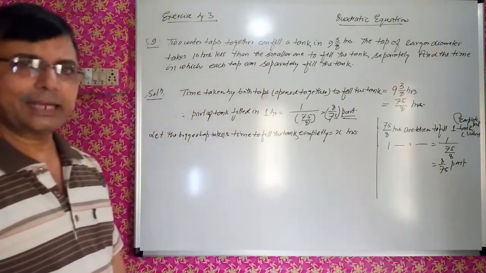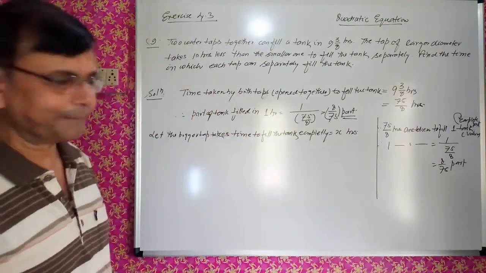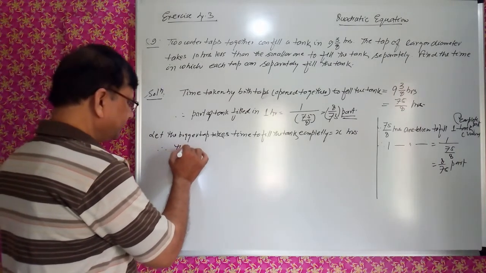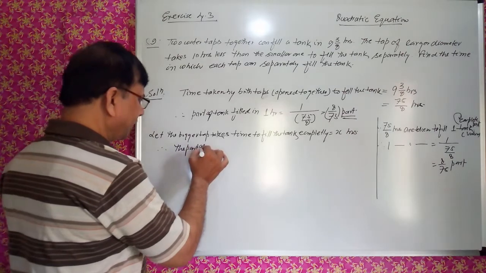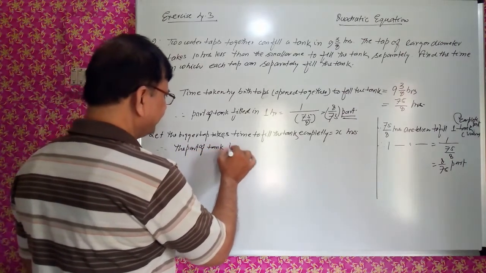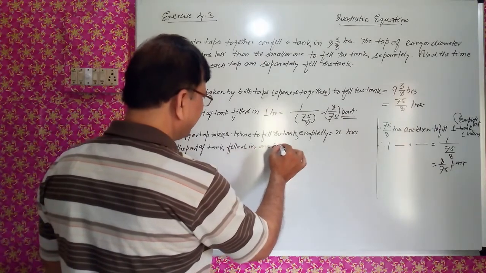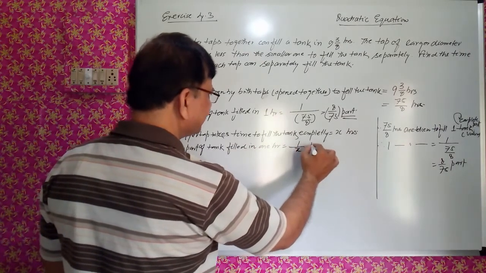It takes X hours to fill the tank completely. Therefore, the part of the tank filled in 1 hour is equal to 1 by X part.